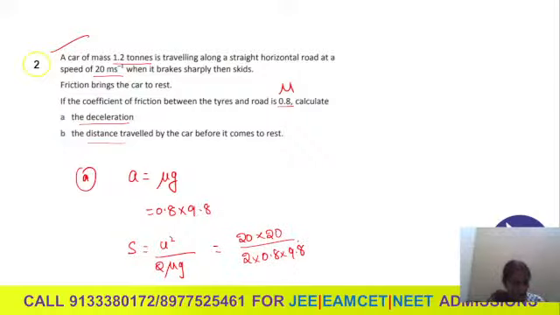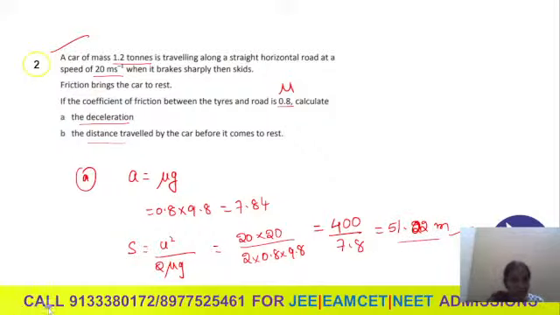Here the deceleration will be equal to 9.8 into 0.8, which is 7.84. So it is 400 by 7.84, which is equal to 51.02 meters. It travels that much distance.